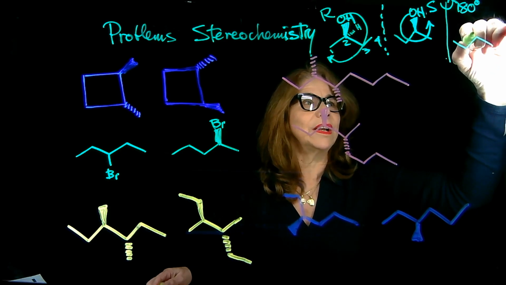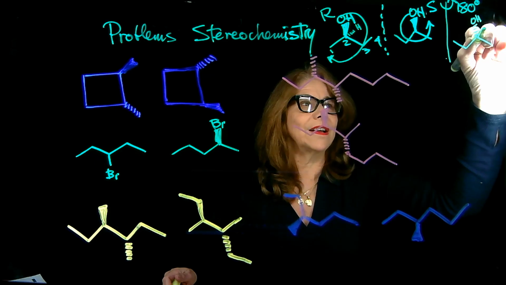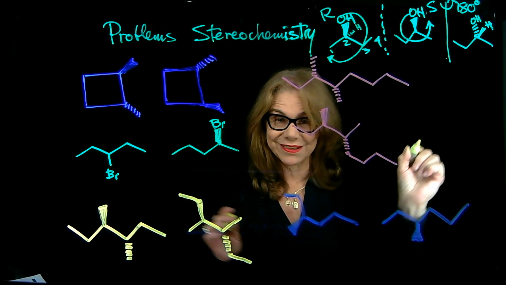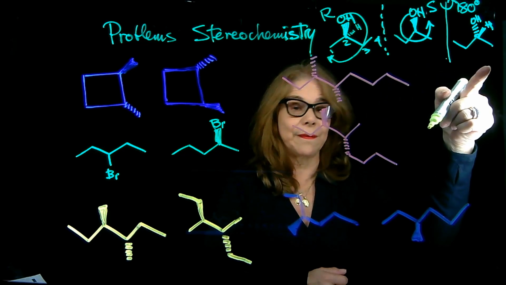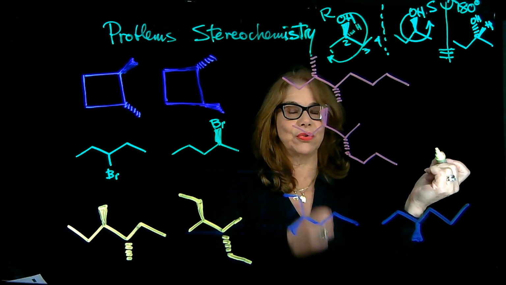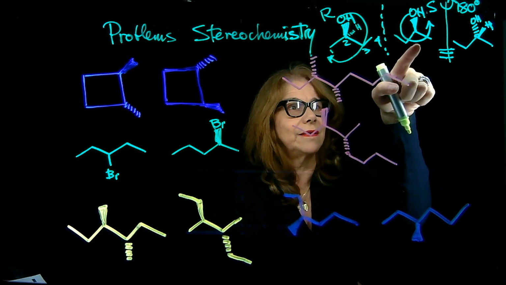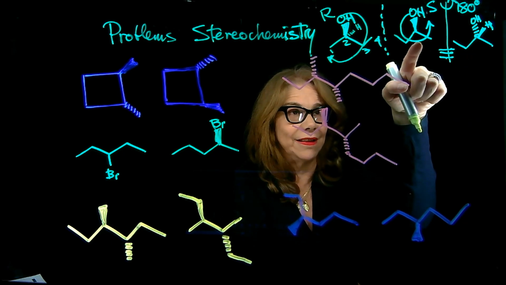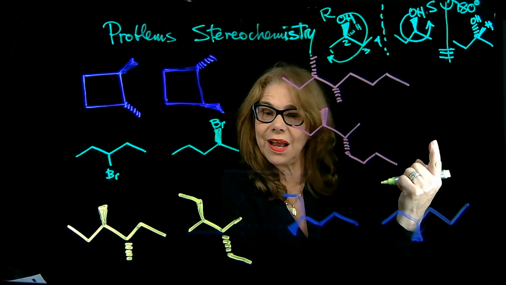So here the OH is going to be on dash, and the hydrogen is on wedge. Notice that this is the same molecule, just rotated. So there are two drawings of the same molecule. These two are the same, and they are the enantiomer to that. So the enantiomer will have the opposite absolute configuration.